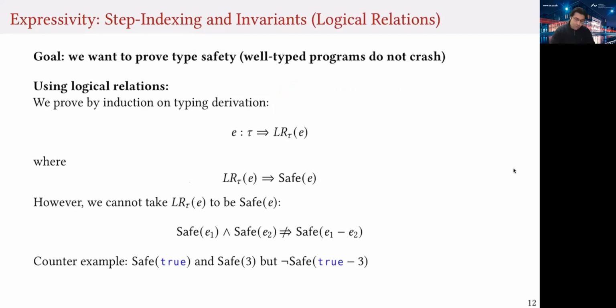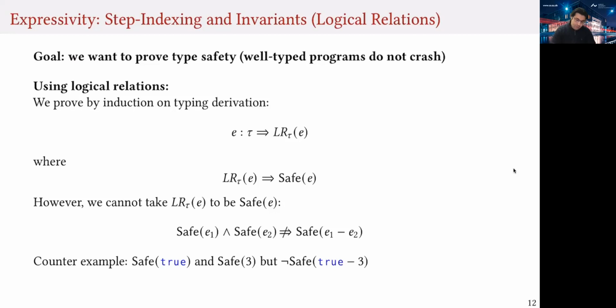Let's say that we want to prove type safety for an expressive programming language with references and with recursive types and so on. Now, most of you are probably familiar with the syntactic way of using progress and preservation to prove type safety. But here you want to do something different. You want to use the logical relations method.